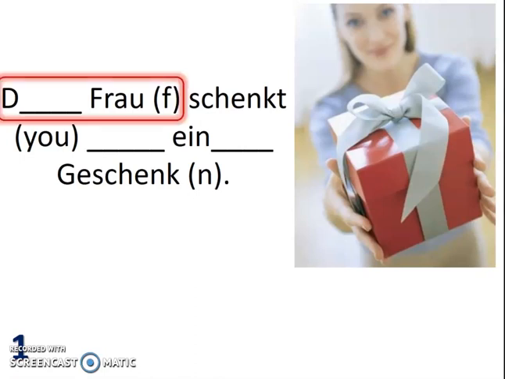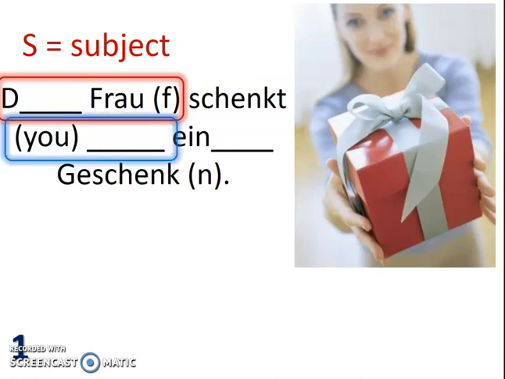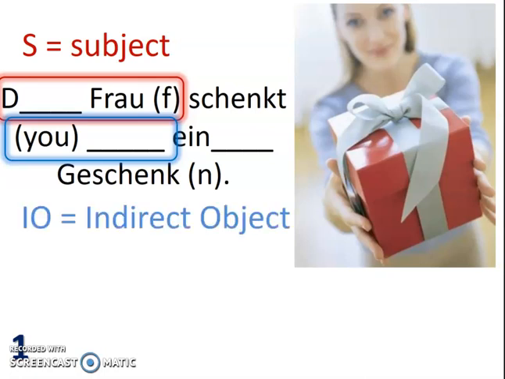So we have the woman. Now we have to determine what the woman is in this sentence. Is she our subject, direct object, or indirect object? She's our subject because she's giving the gift. How about you? What are you in this sentence? You're the indirect object because you're receiving the gift, the direct object.